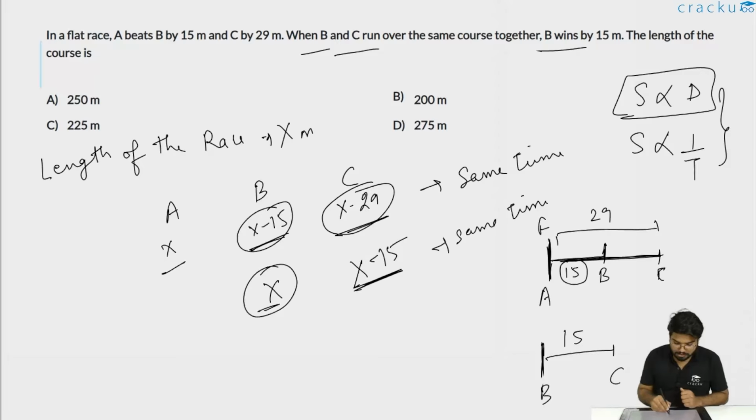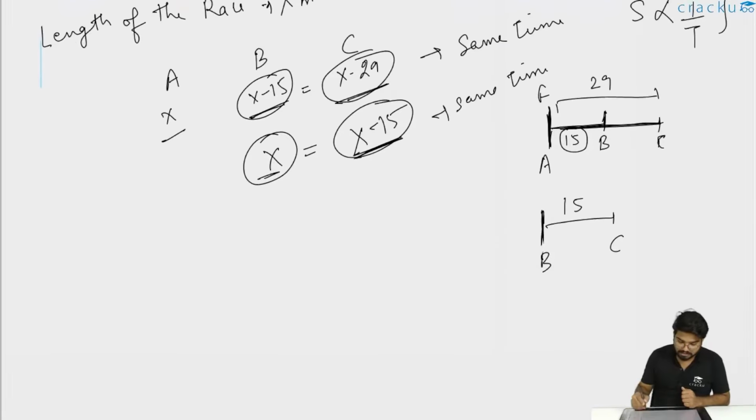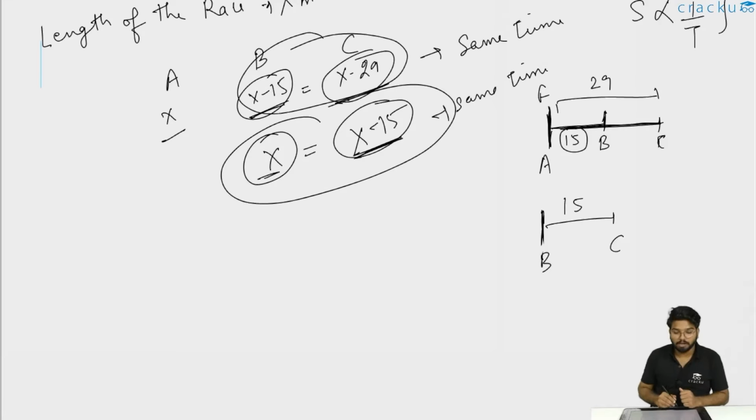When the time is constant, this is equal to the ratio of their speed, and this is also equal to the ratio of their speed, and the ratio of speed will not change. Therefore, we can say that this ratio has to be equal to this ratio, because in same time when they are covering distance, the ratio will remain the same.